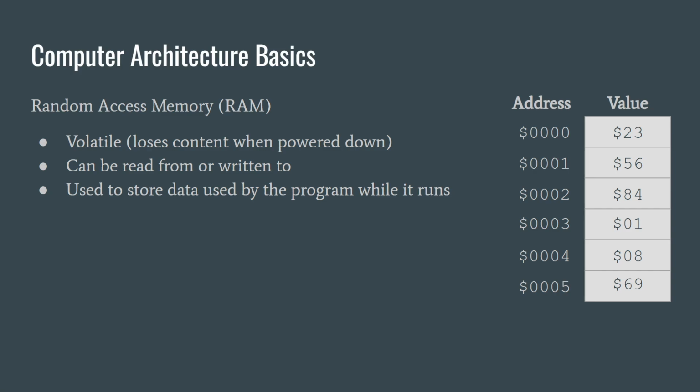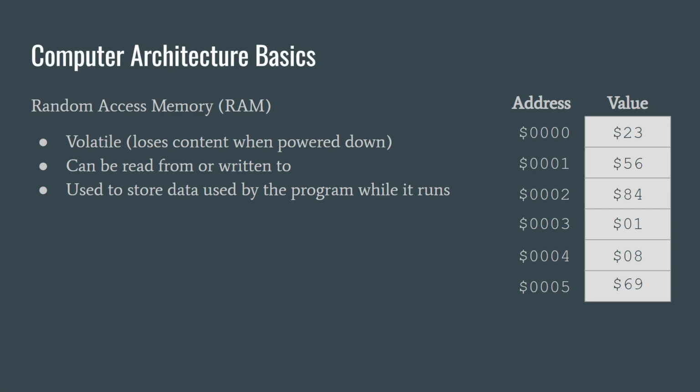It's the data that is used by the program while it's running, and at least for the 6502, that is generally the case. So it holds the data used by the program. On the right-hand side, we have a visualization of what RAM might look like. We have a few addresses here.